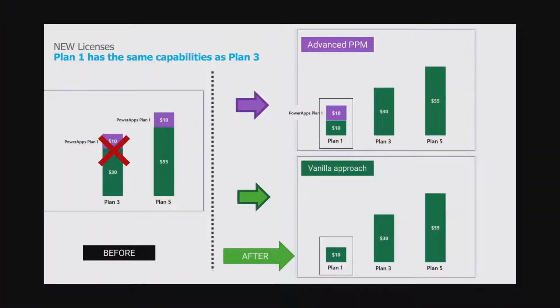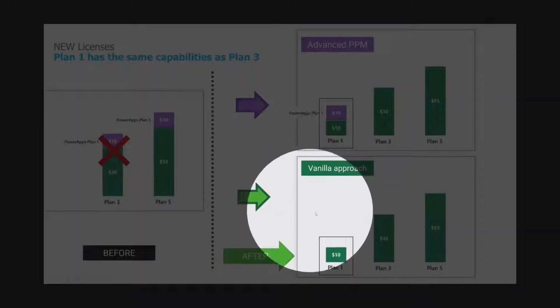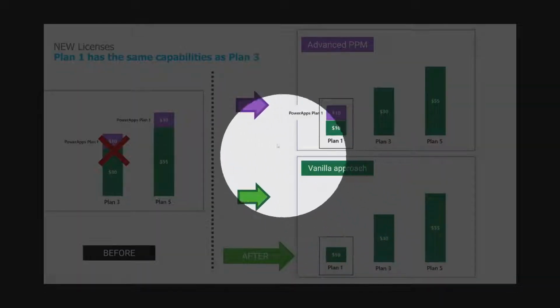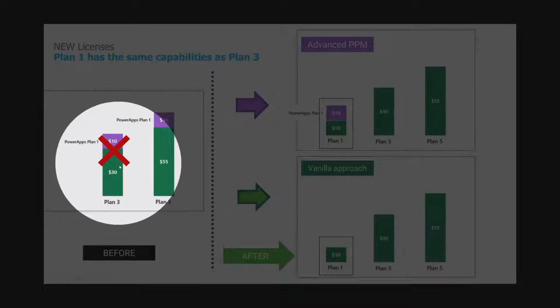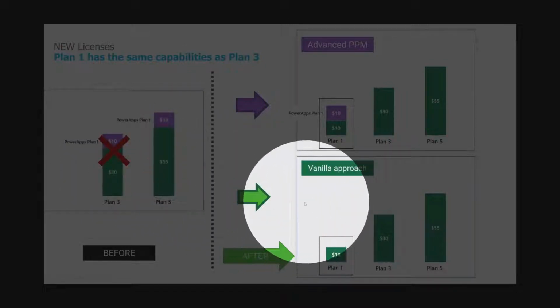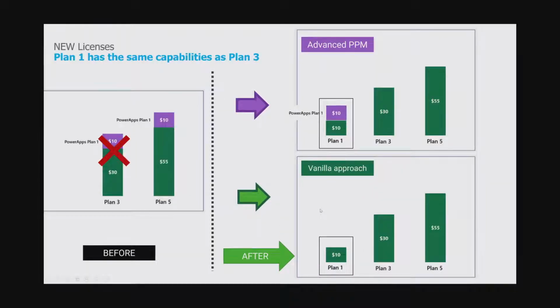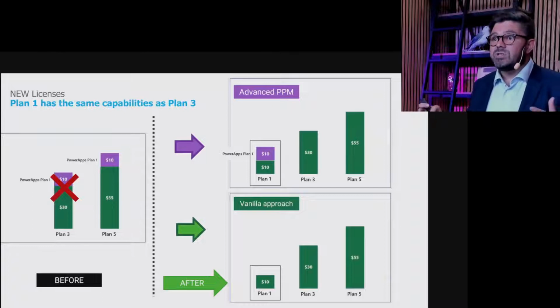It was more for Project Online users, and we are going to discuss Project Online users also at the end. But the new scenario, why this is so important for anyone who is looking at or already using project licenses, is if you now go for a vanilla approach, which I'm going to explain in detail, migrating from the before scenario into a vanilla approach using what Microsoft gives to you, including the Microsoft Accelerator, you're going to be saving 70% on licenses.